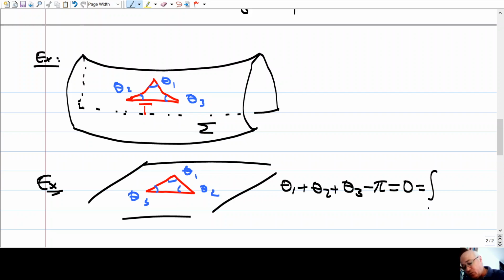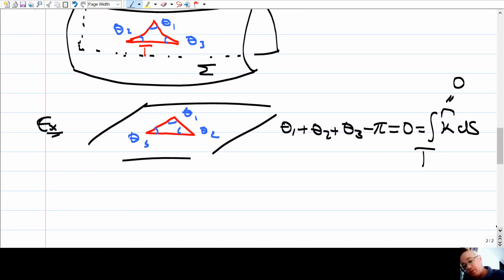This is not a surprise because the Gaussian curvature on the plane is identically 0.